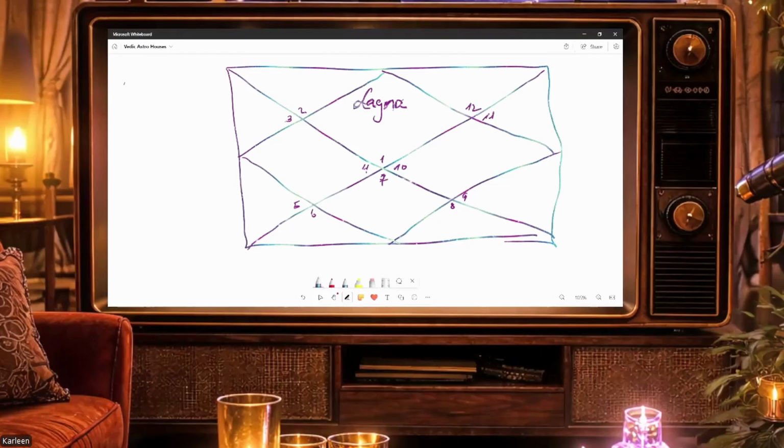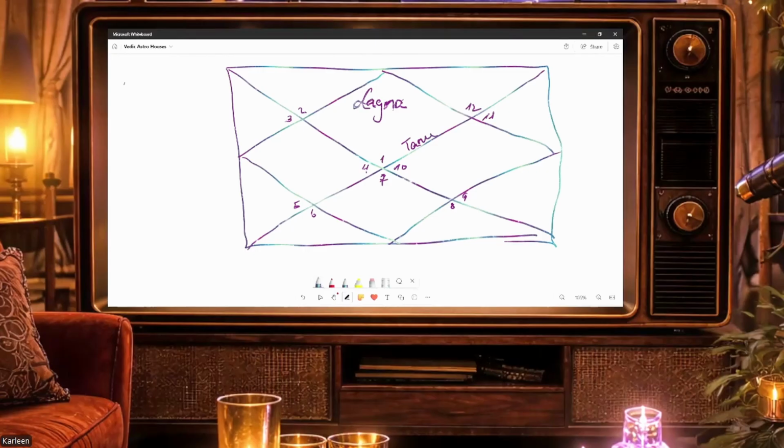So that's very similar to Western house, right? So this house is also called Tanu or the house of self. And this one really, really, really determines a lot, and we'll see more of that later.